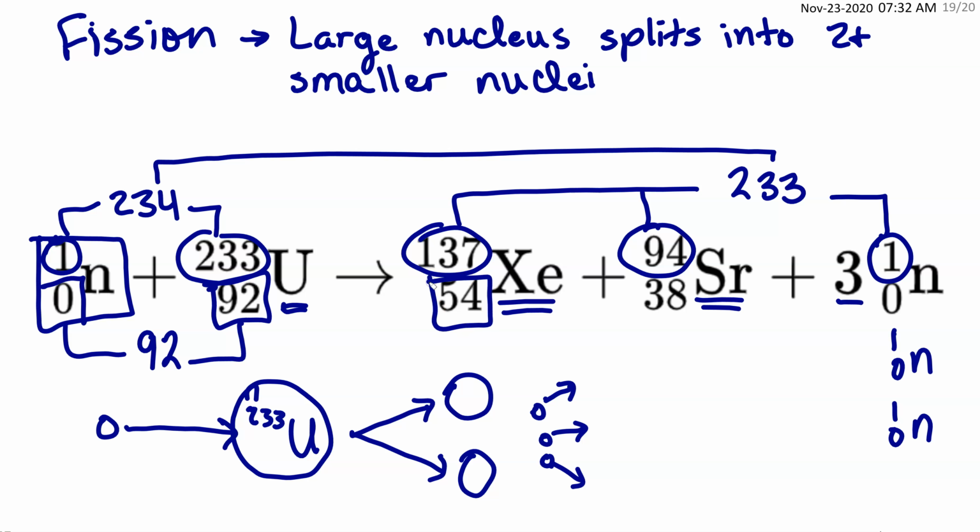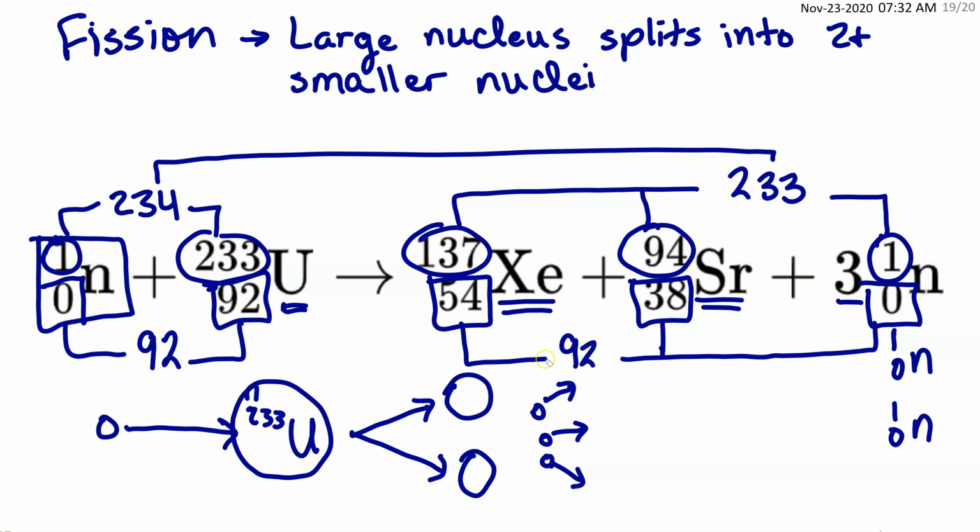On the other side, they also add up to 92. Okay, 54 plus 38 is 92. So our masses still balance, our atomic number still balances. And this is an example of fission.